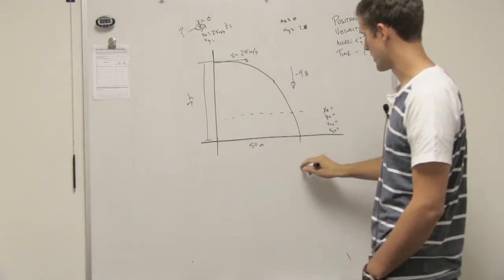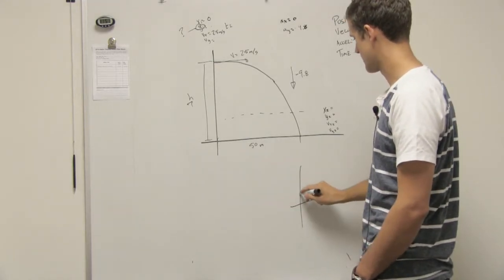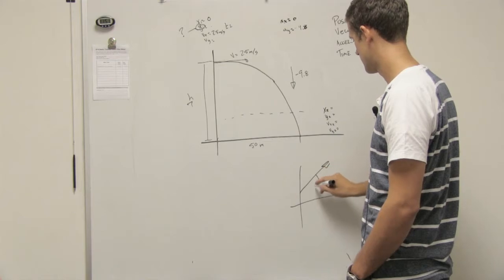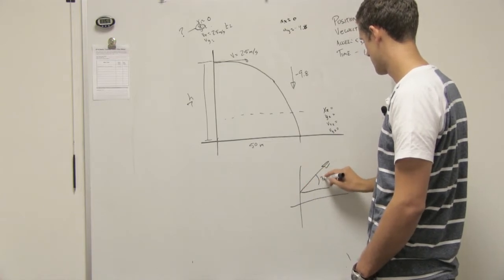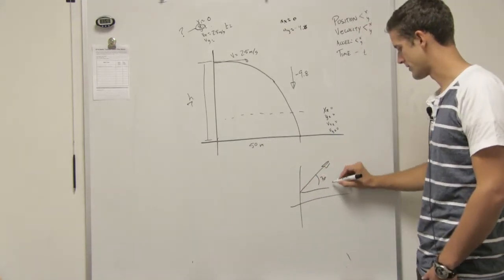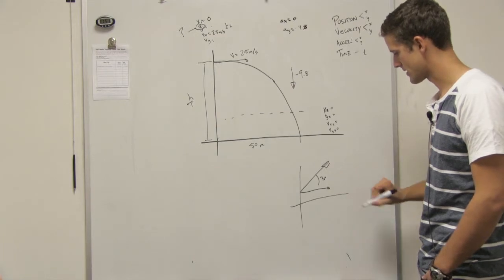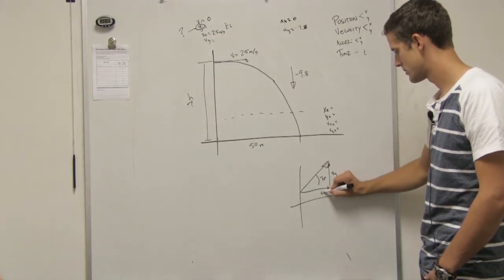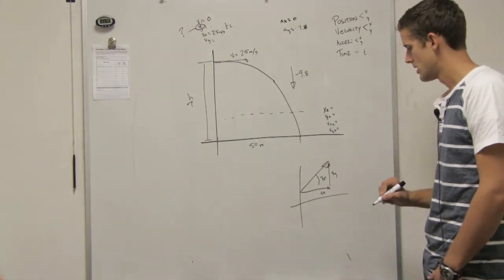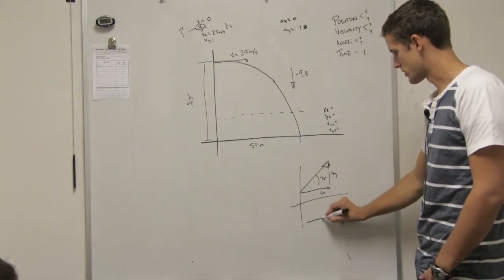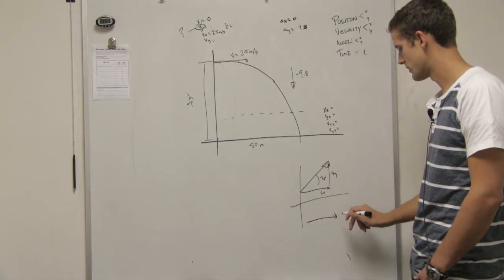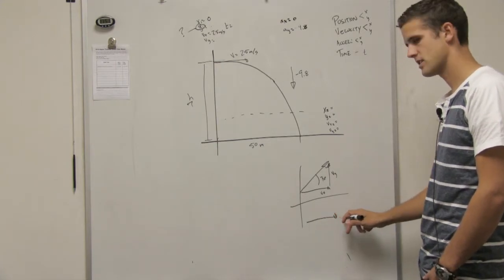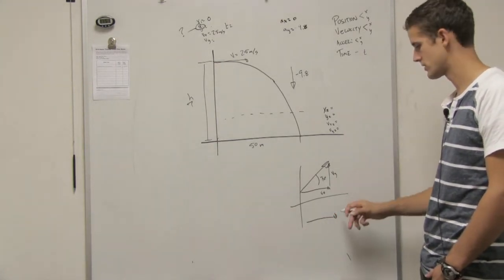We could have said it's launched at a 30-degree angle, and then to find velocity x, we draw the vector out here, and we draw the y one like this. This would be vy, this would be vx. But this one is just launched horizontally, so vx is the whole length and there's no vy.